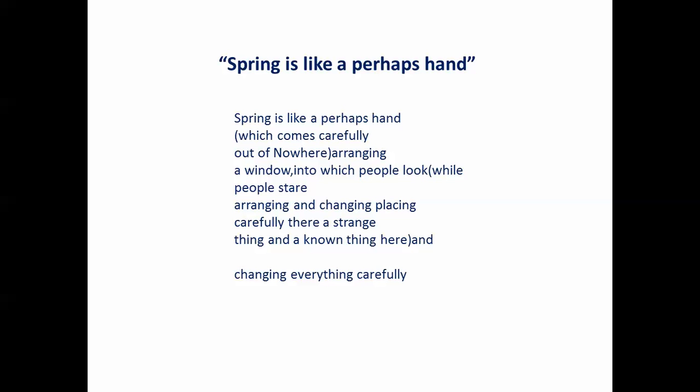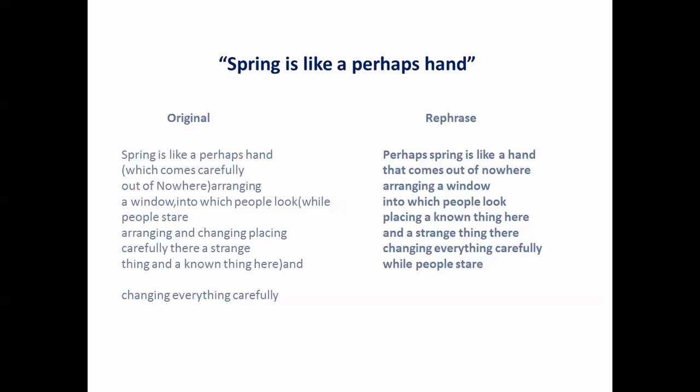Spring is like a perhaps hand, which comes carefully out of nowhere, arranging a window into which people look, while people stare, arranging and changing, placing carefully there a strange thing and a known thing here, and changing everything carefully. Let's do a little word and phrase shifting and read it like this.